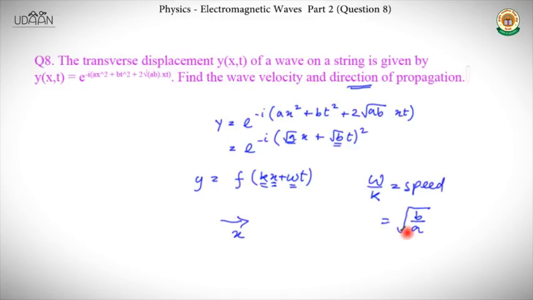Basically if you can denote a wave function in the form of a function of kx plus omega t, we do not have to simplify it to make it a linear function or anything. We just need to have it as a function of kx plus omega t, and since it has been given as a wave, we know that this is an oscillating function. So we just have to find out the speed and the direction.